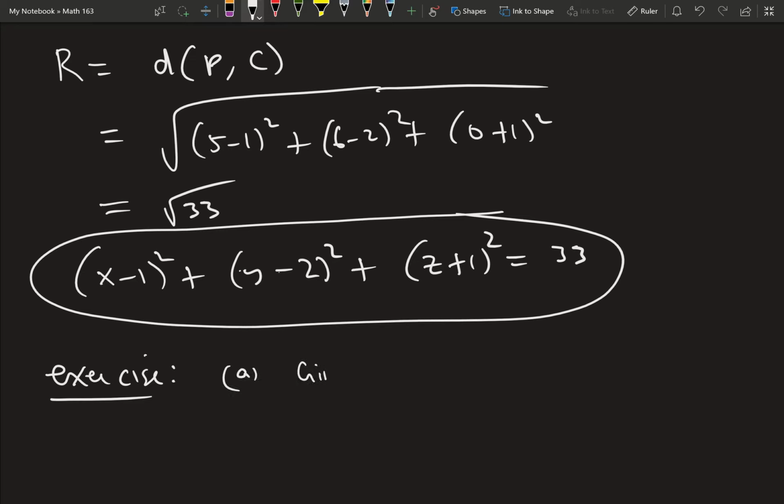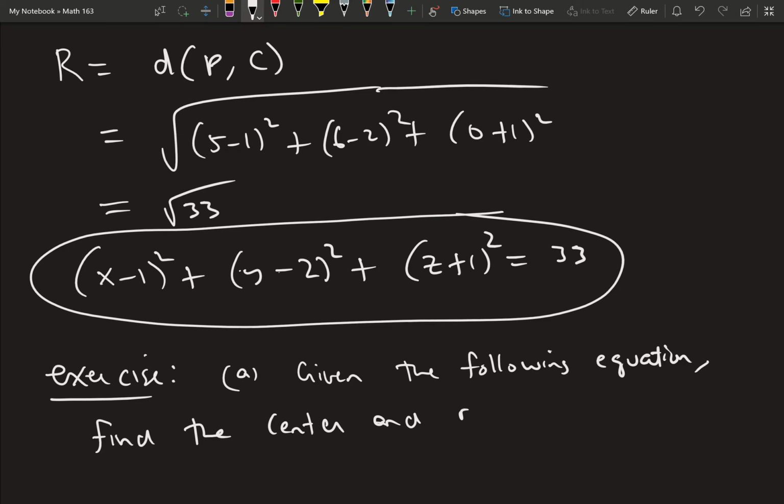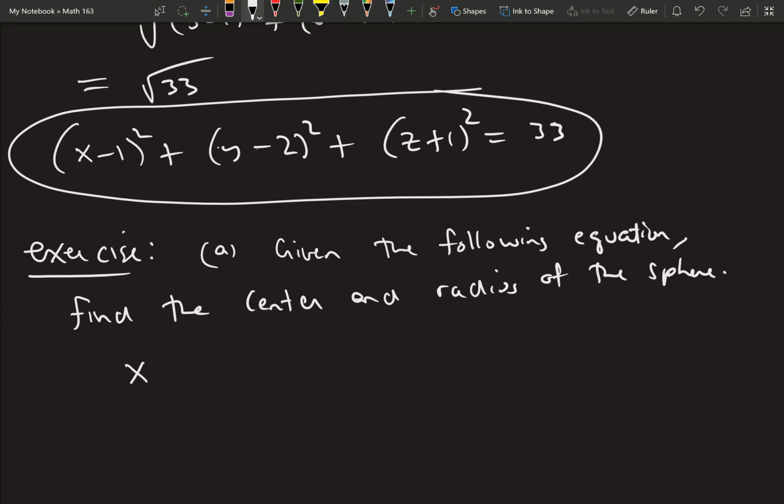One is, given the following equation, find the center and radius of the sphere, where we have x squared minus 4x plus y squared plus 10y plus z squared is equal to 2.